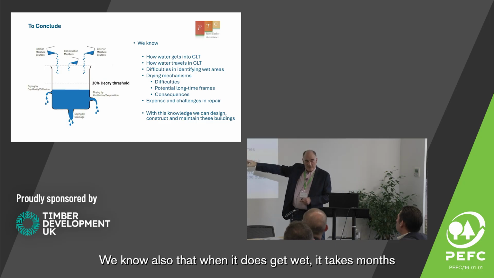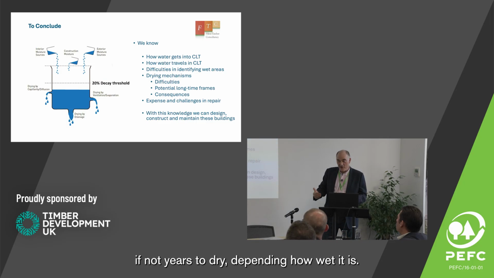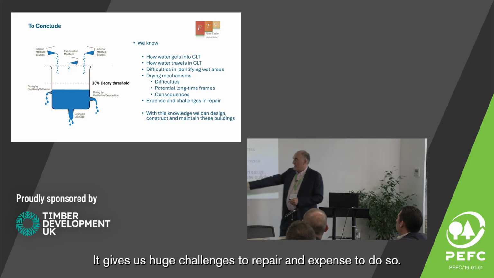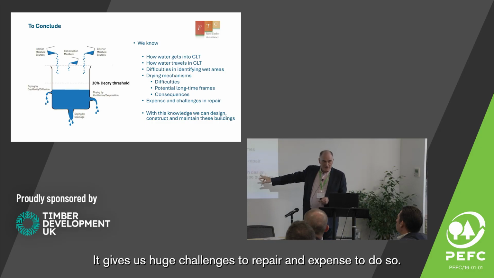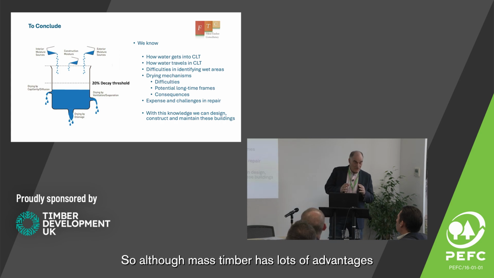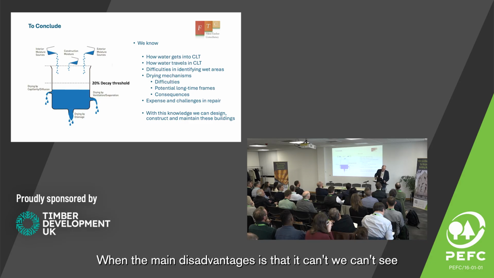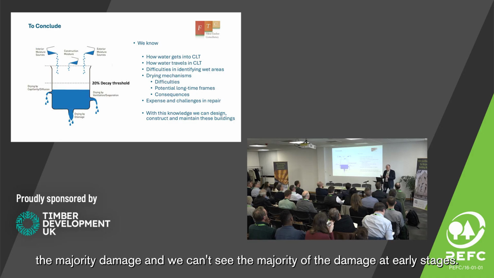We know also that when it does get wet, it takes months, if not years, to dry, depending how wet it is. It gives us huge challenges to repair and expense to do so. So although mass timber has lots of advantages, one of its main disadvantages is that we can't see the majority of damage, or we can't see it at the early stages.